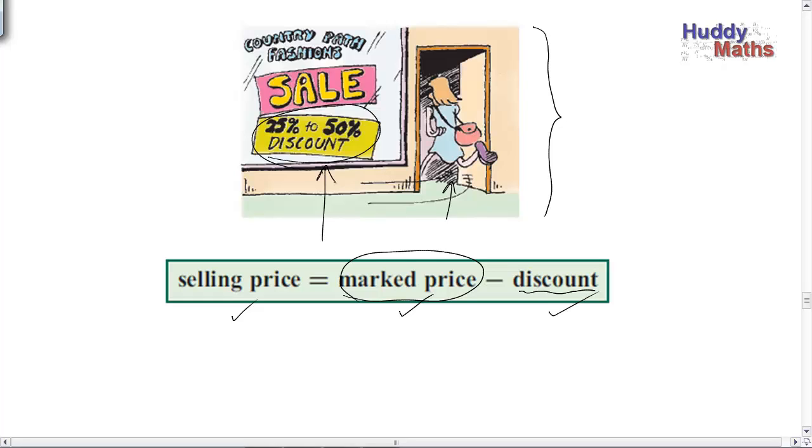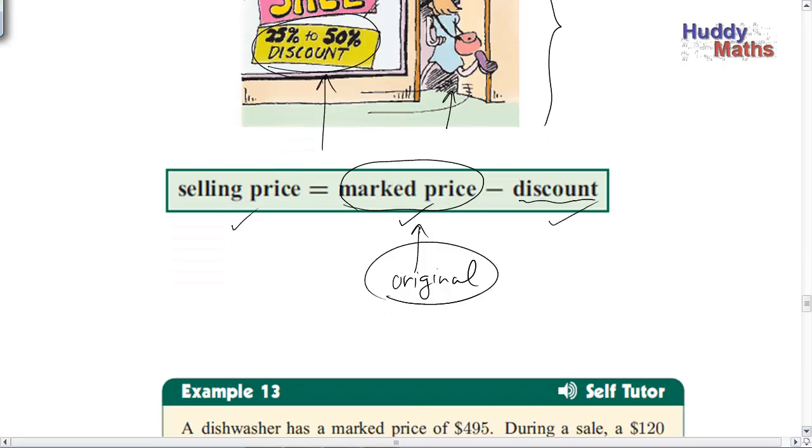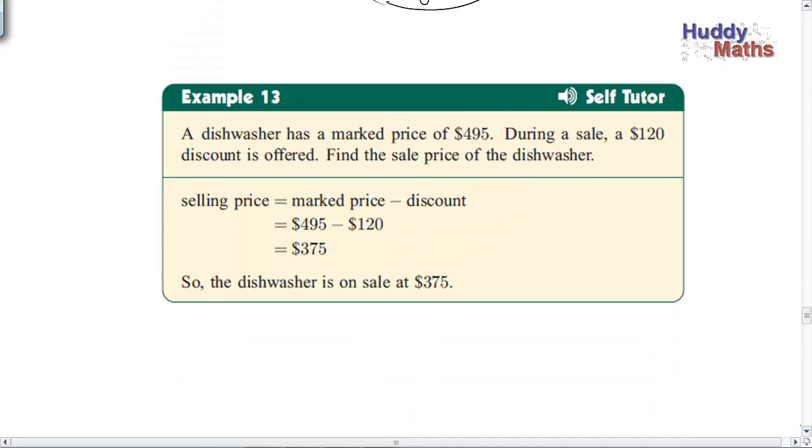25% and 50% of what? Well, of the original. Remember, maths is very consistent like that. It's a percentage of the original, the price that was already marked there. Okay, let's have a look at an example. A dishwasher has a marked price of $495. During a sale, a $120 discount is offered.